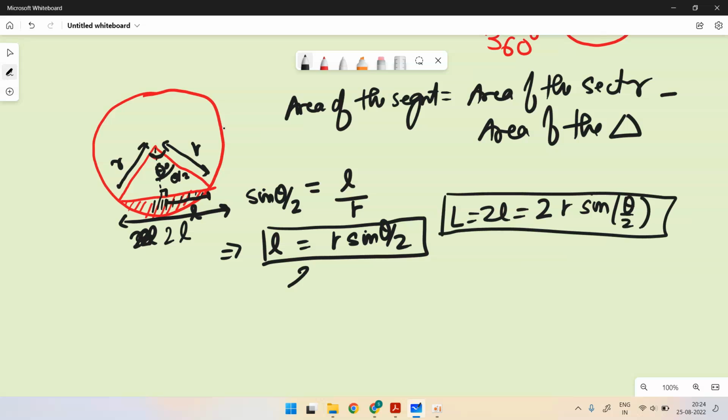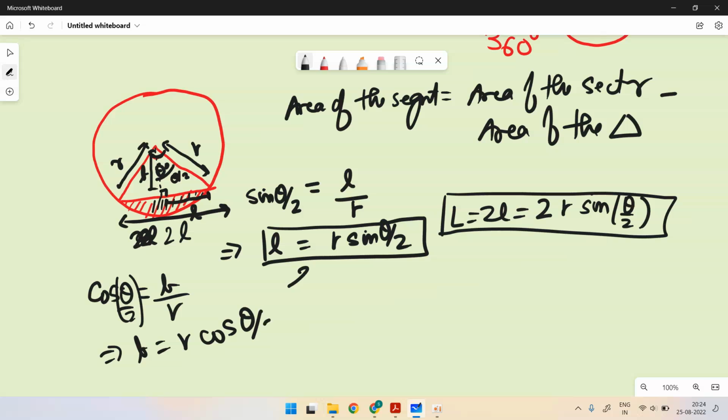And from here, if this is B, then cos theta by 2 will be B by R, for the theta by 2 angle, which implies that B will be R cos theta by 2.